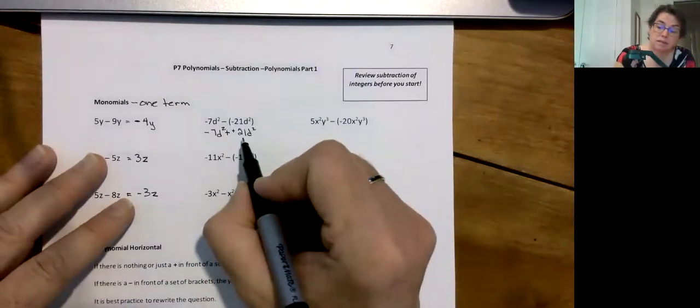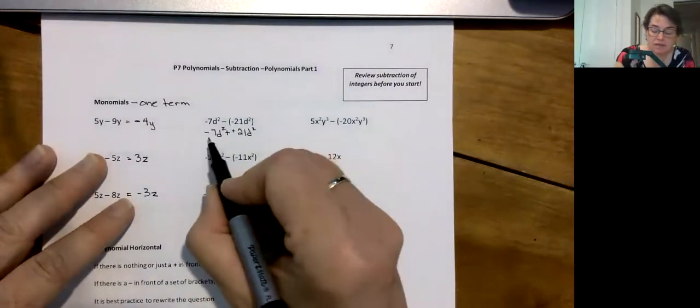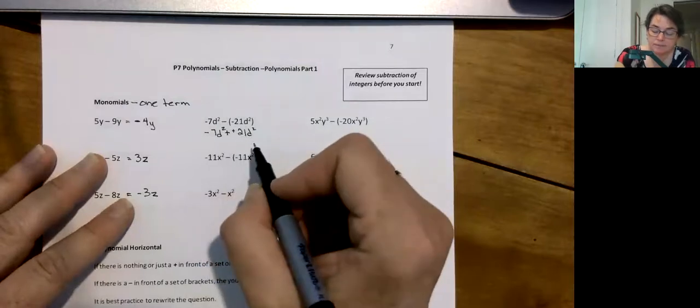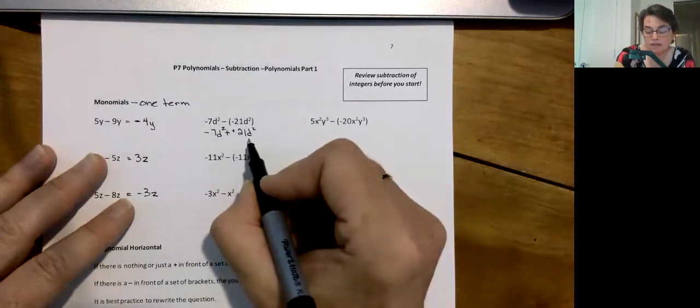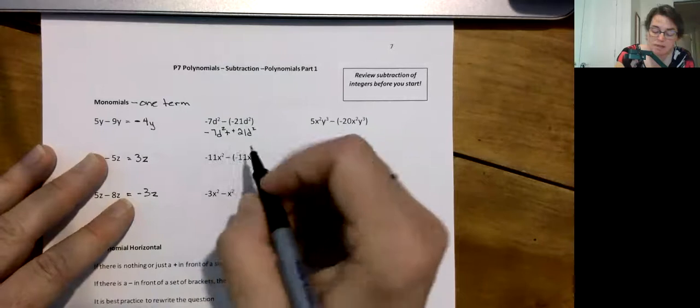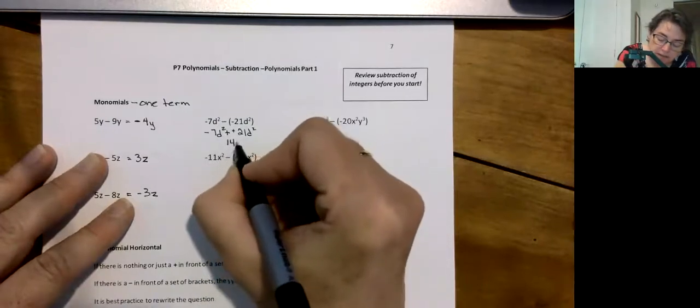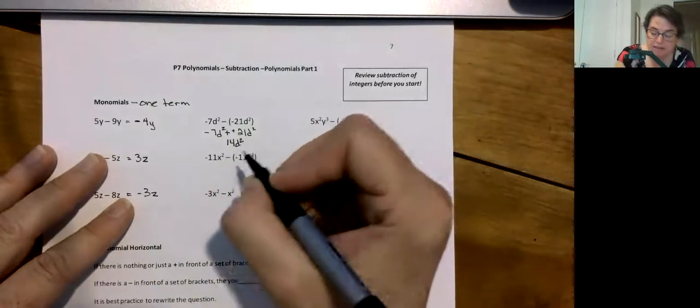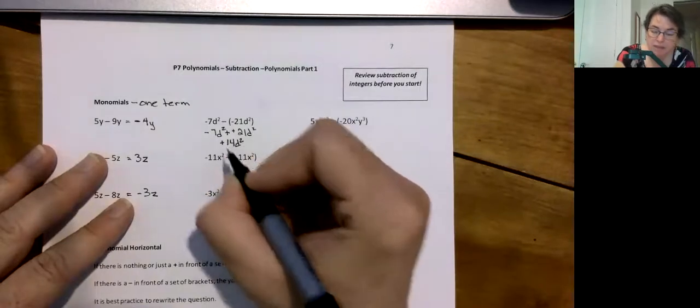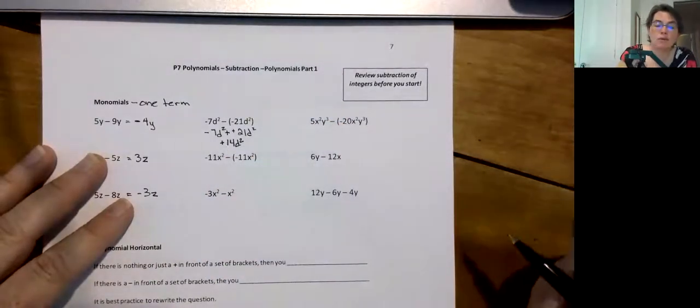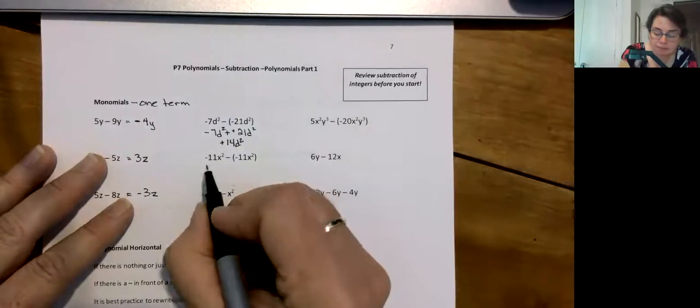So now we have to be careful because it's 7 minus 7 plus 21. So it's an addition question. One's a plus, one's a minus, so I'm going to subtract and take the sign of the bigger. I'm going to put the plus in there. It's not remotely required, but it's there if you need it.